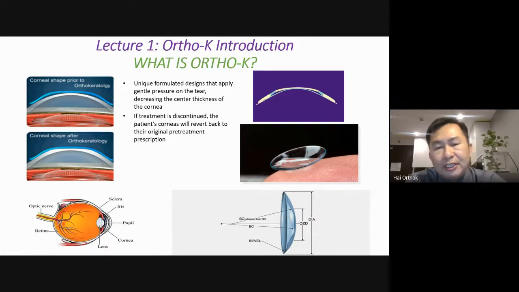This morphology is calculated to bring the vision to nearly plano.